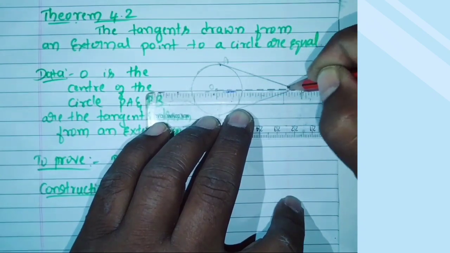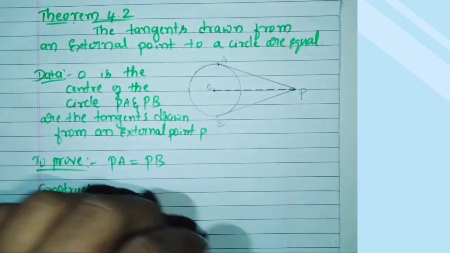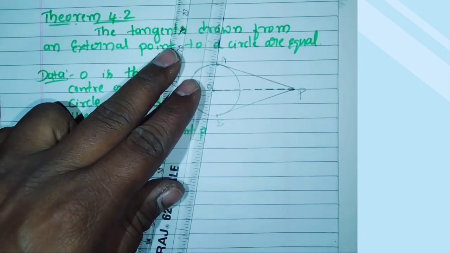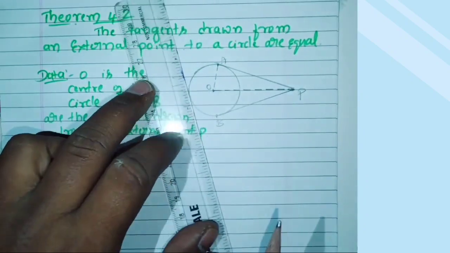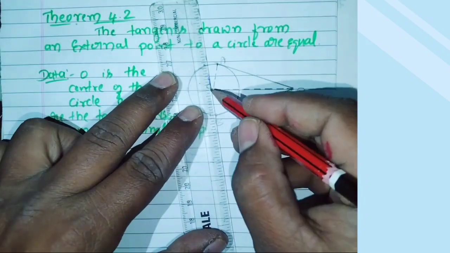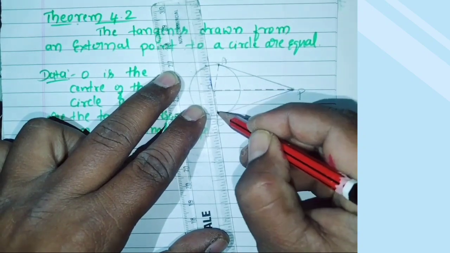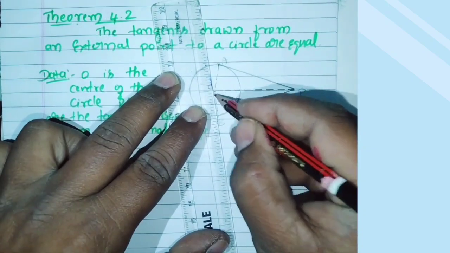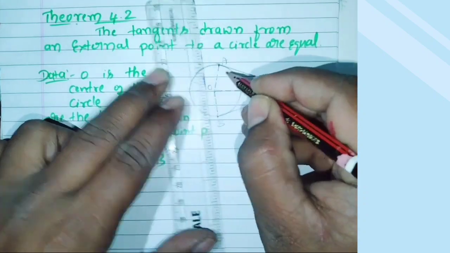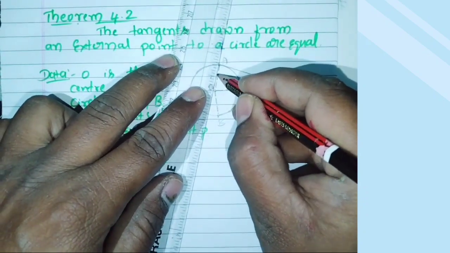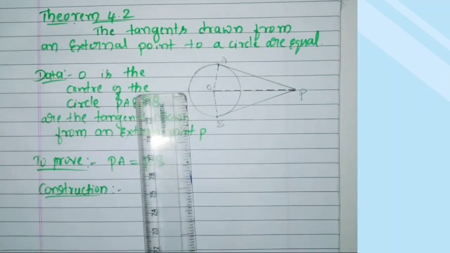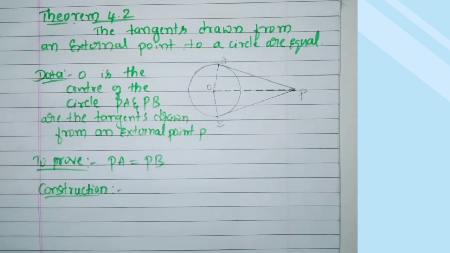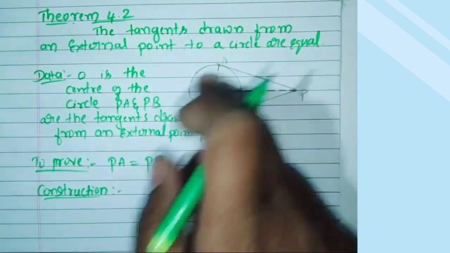Join O to P, and also the radii from O to A as well as O to B. It is better to draw dotted lines like this, because dotted lines indicate that this is constructed by us. In the construction, you have to write what you drew in this figure.